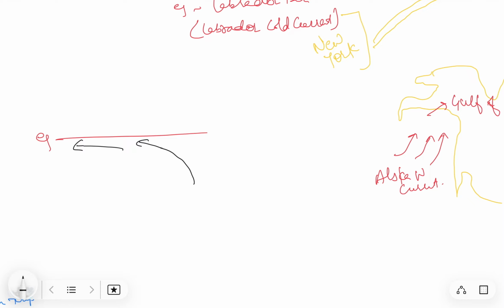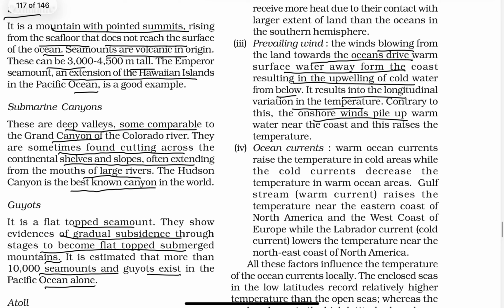So what will it do? It will drag the warm water. The offshore wind will bring the warm water with it, and the upper layer gets removed. So here we have the cold water. So here the prevailing wind also affects the distribution of the temperature.